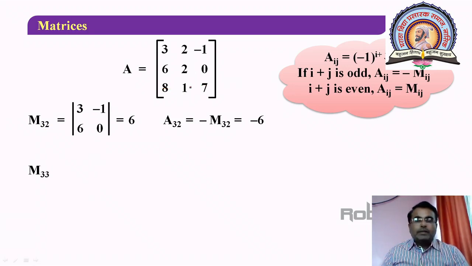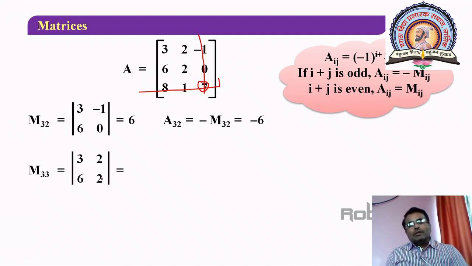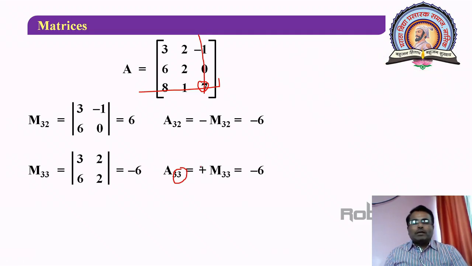M33, for this last element, you have to delete the last row and last column. So 3262 will be your next determinant. Its value is 6 minus 12, that is minus 6. 3 plus 3 is even, isn't it? Therefore M33 stays as it is, minus 6.